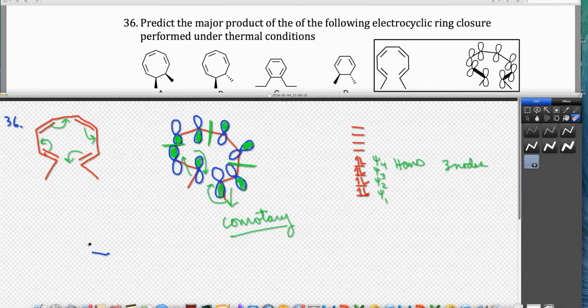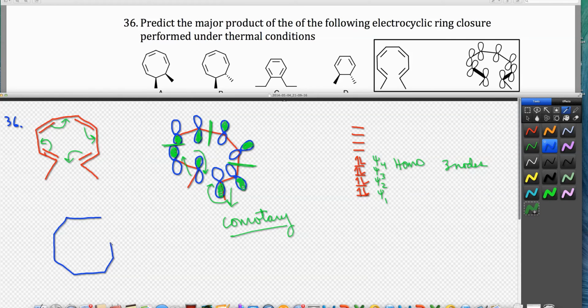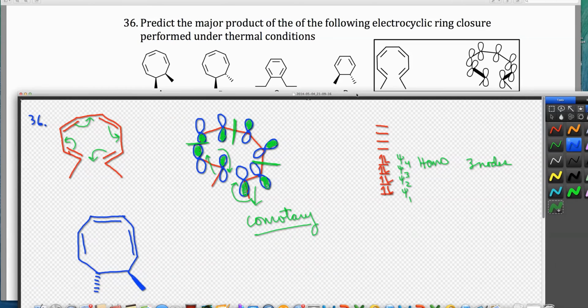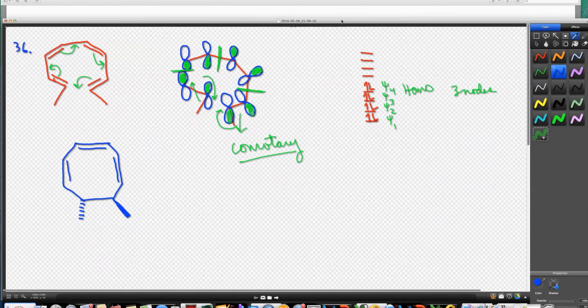Need 8 carbons, not 7. And one methyl group comes out, the other methyl group goes in. So matching up, the best answer is choice B, 8-membered ring with a trans-like arrangement.